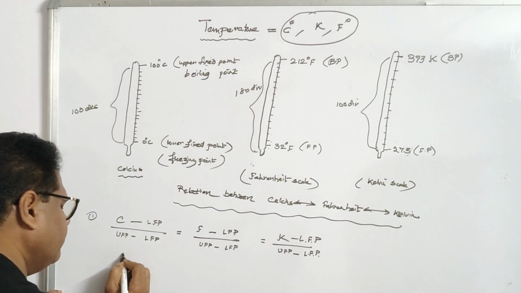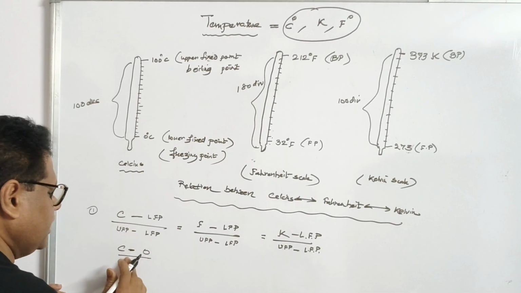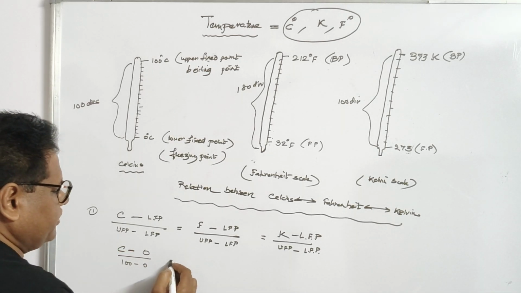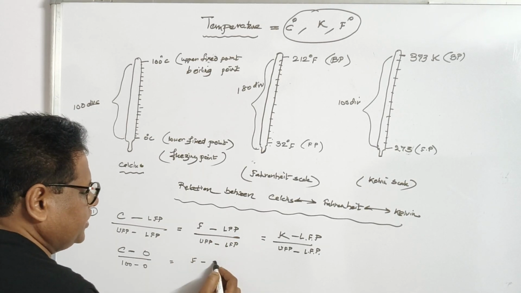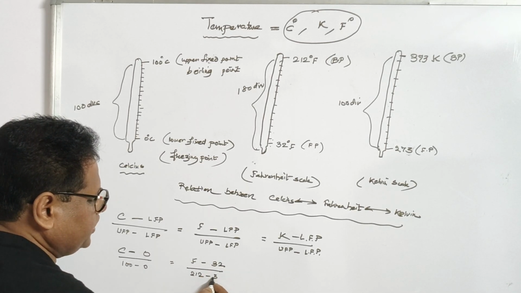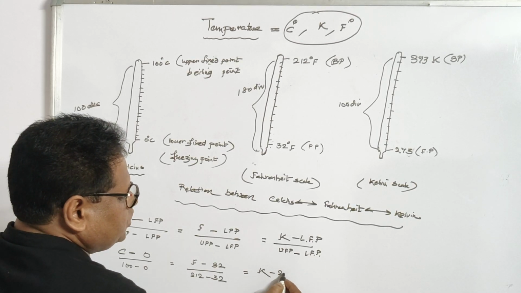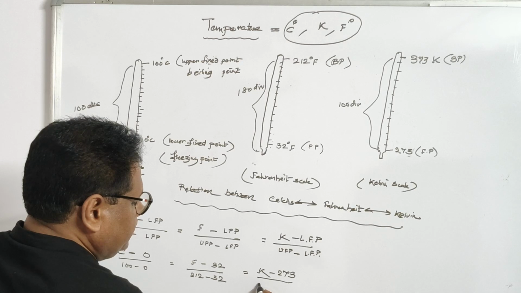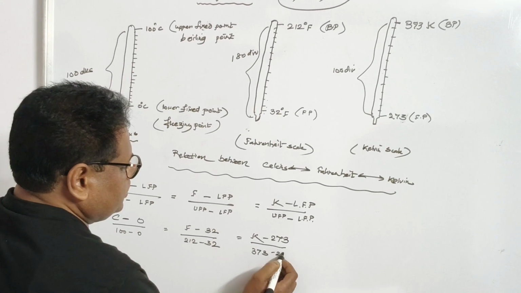Now let's put in the values. C minus the lower fixed point, in this case 0 degrees for the Celsius scale, divided by upper fixed point 100 minus lower fixed point. This is equal to a temperature in Fahrenheit minus lower fixed point, that is 32, divided by 212 minus 32, equals a temperature in Kelvin minus 273, that's the lower fixed point, divided by upper fixed point 373 minus 273.